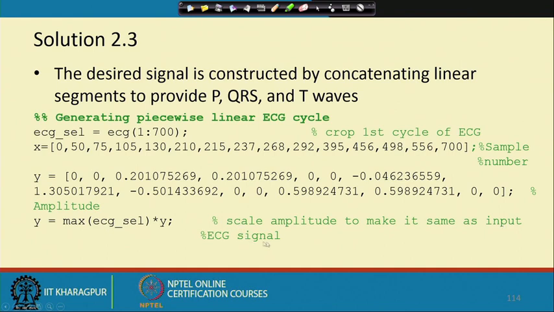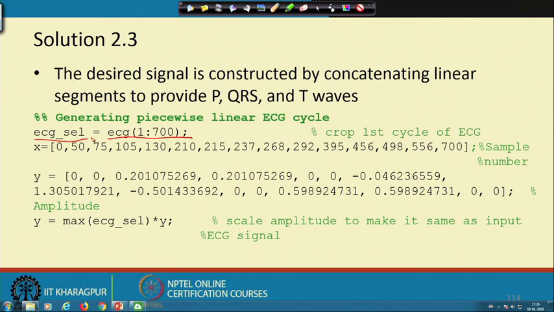The first extra thing we have done is take the part of the signal from 1 to 700, that is only the first 700 samples, and assign it to a variable called ECG underscore cell.